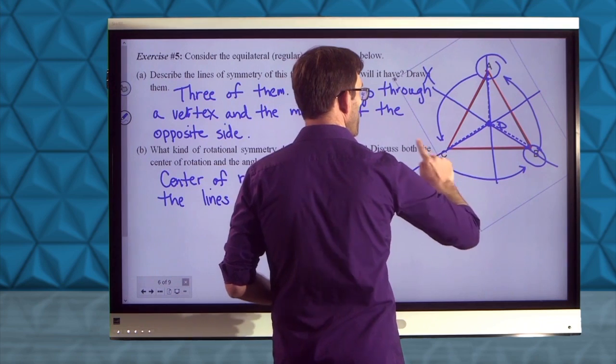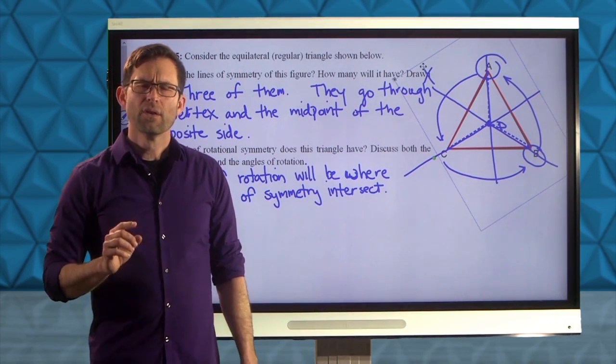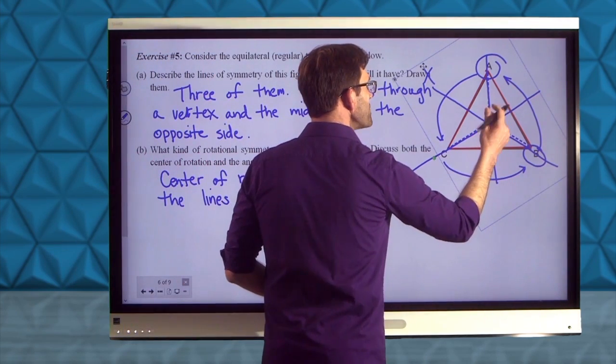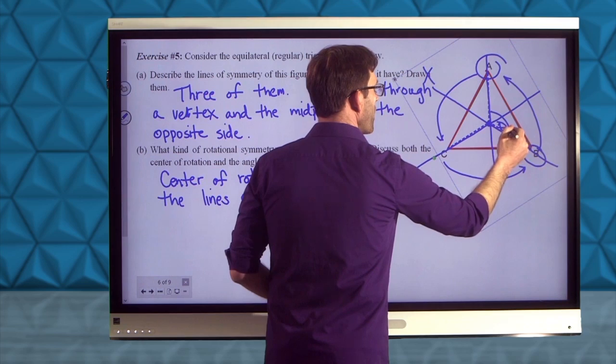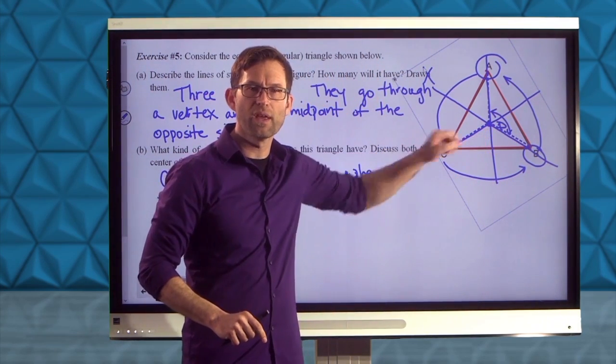There we go. It's rotated on itself. So what was that angle of rotation? Well, very specifically, it was this angle. That angle right there is my angle of rotation.